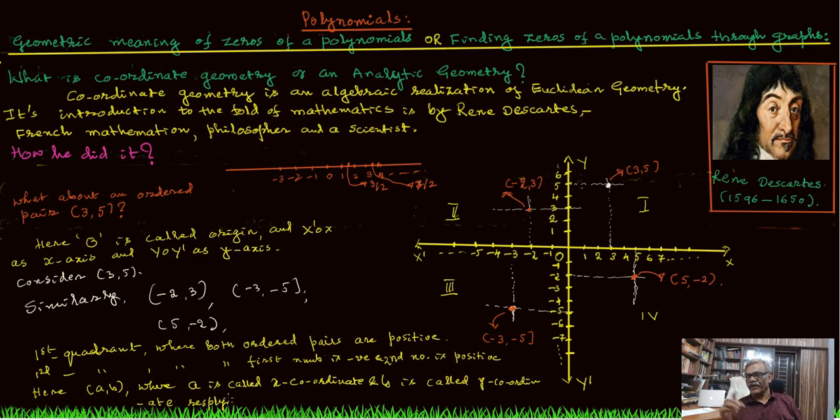So in this fashion, any point can be represented in the plane, either in the first quadrant, the second quadrant, the third quadrant, or the fourth quadrant respectively.